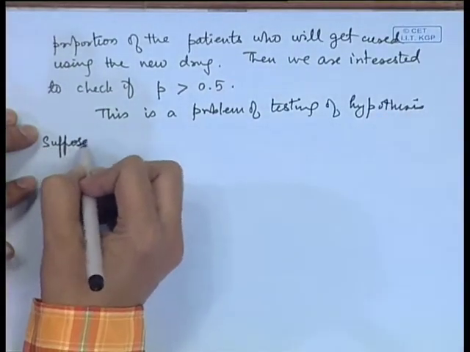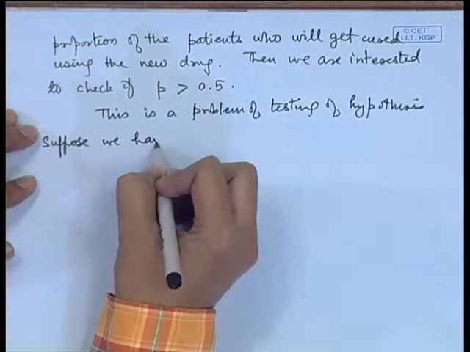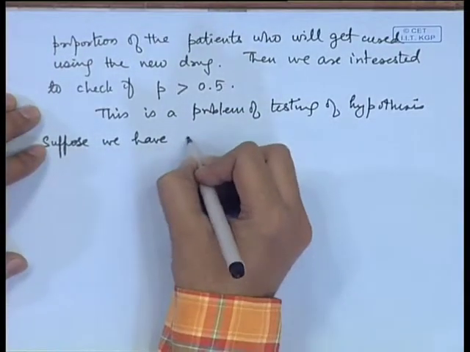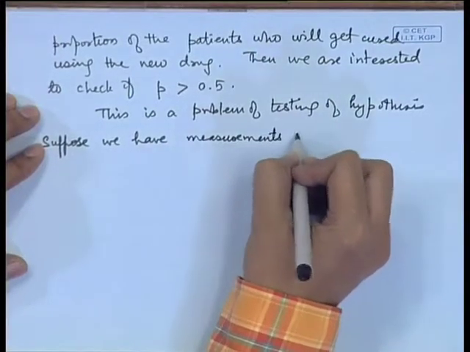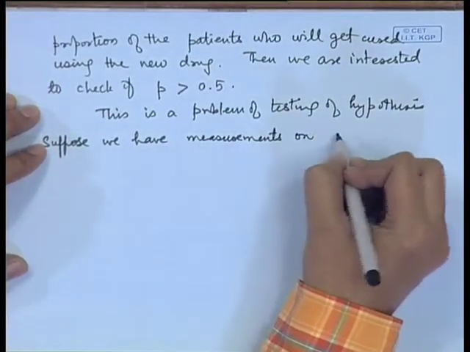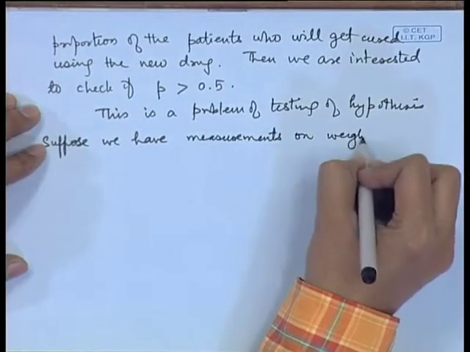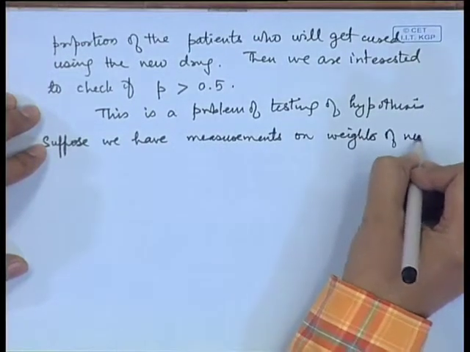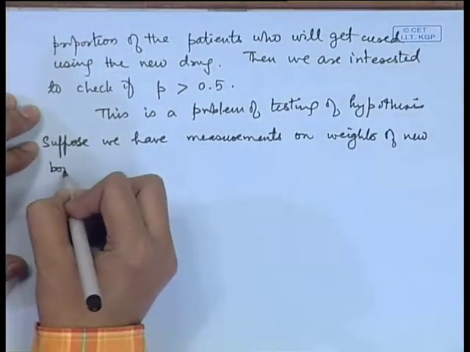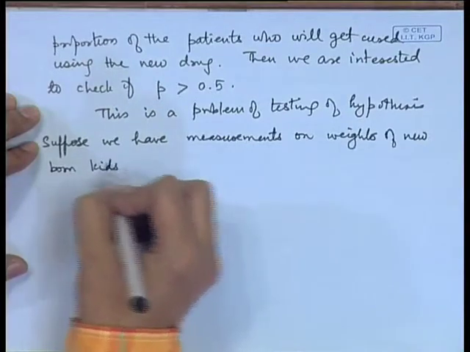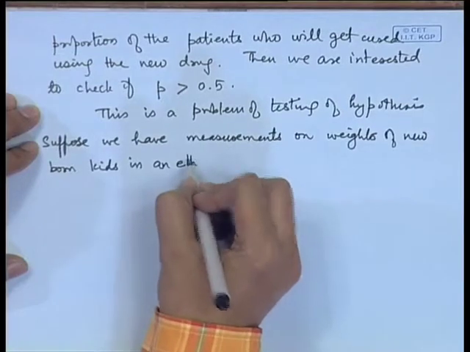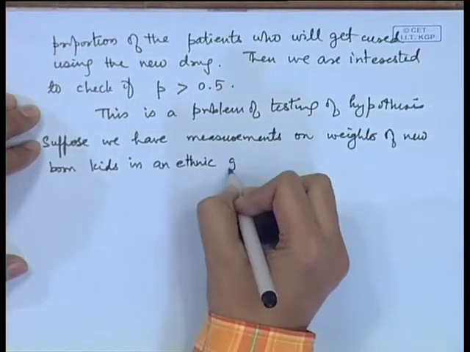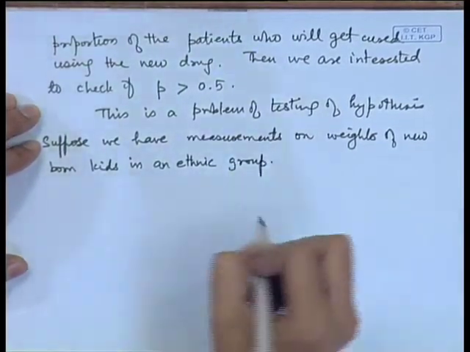Suppose we have, say, measurements on weights of newborn kids in an ethnic group.